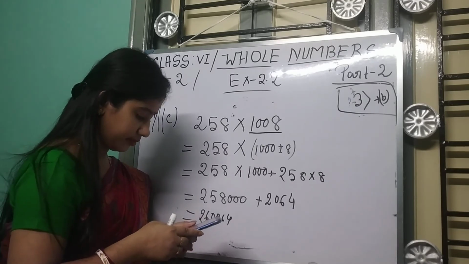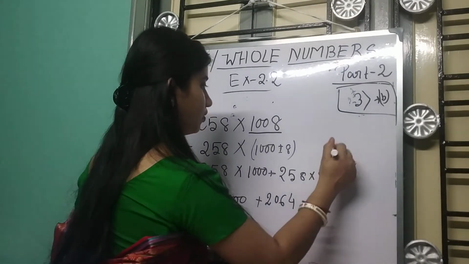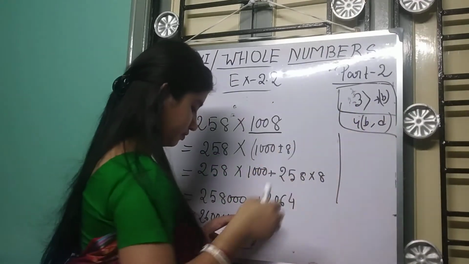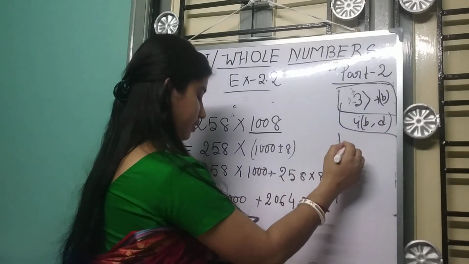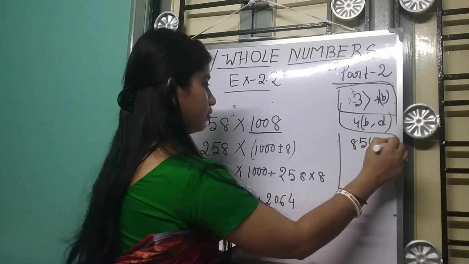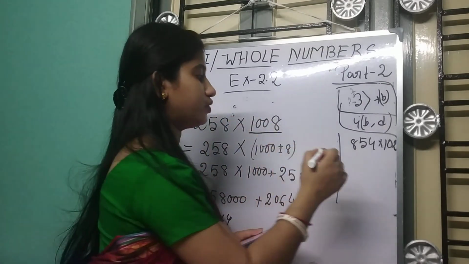This is 4C. So you should try 4B and D at home. 4B is given 854 into 102. So you should write 102 as 100 plus 2.